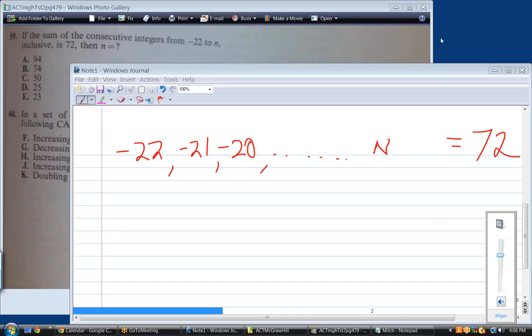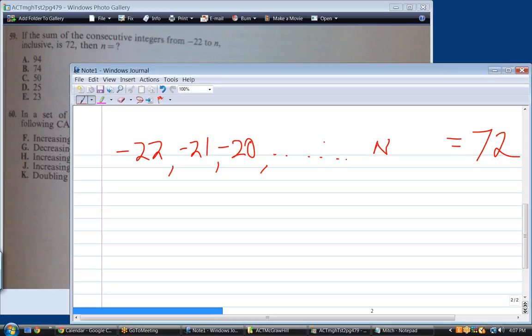So how far do I have to get to 0? 22. Okay. So some number before n is 22. Well, what are the next few numbers after 22? 23, 24, and 25. Those three numbers add to 72.